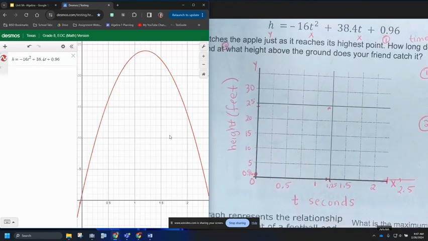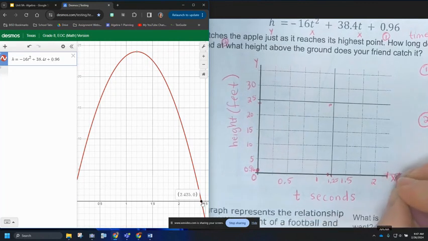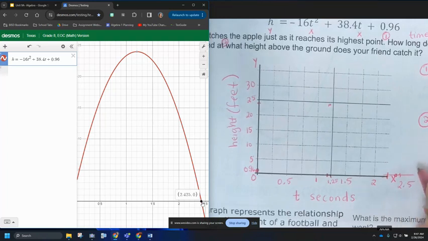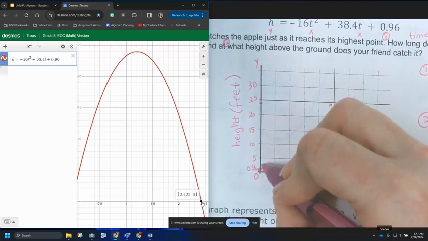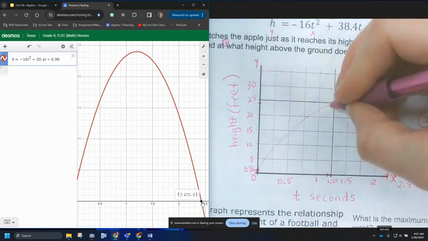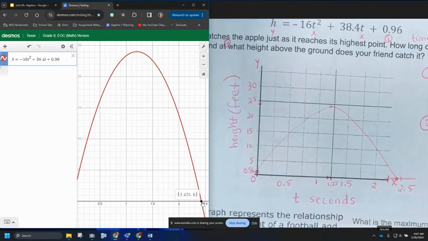And let's see, where does it hit the ground? At 2.425. So that would be like right here because it's right before 2.5. So let's kind of make this look like a parabola. Remember, it's symmetrical.